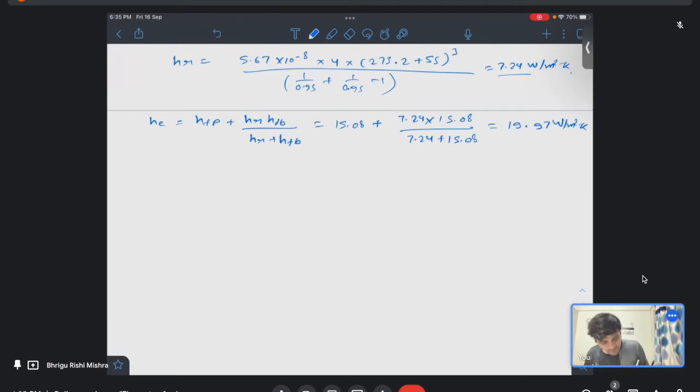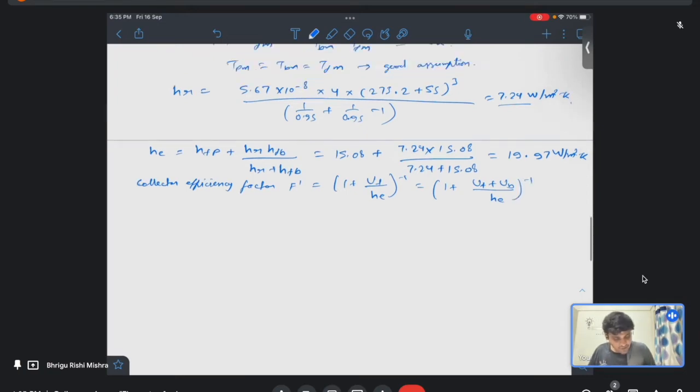So we'll start with the collector efficiency factor, F dash. It is (1 plus UL by HE) inverse, and that is (1 plus (UT plus UB) by HE) inverse.